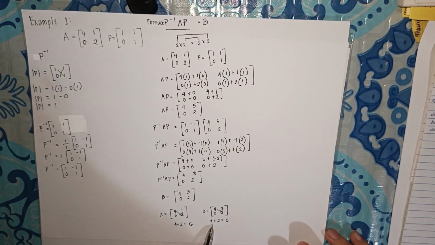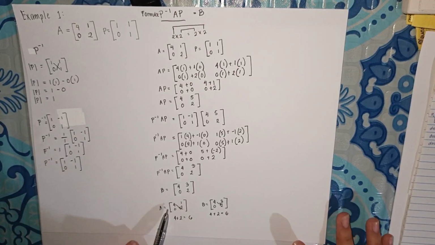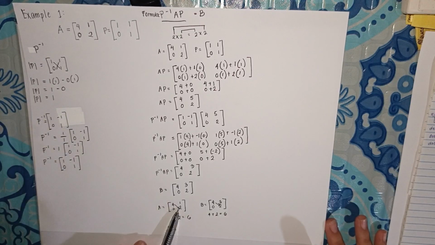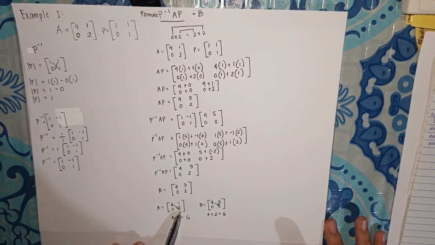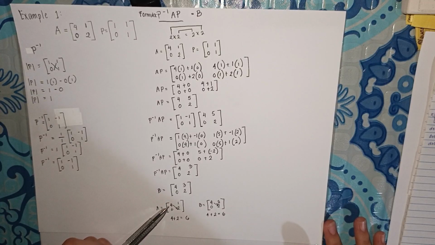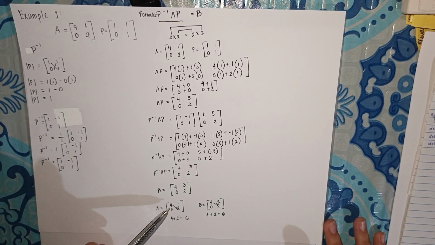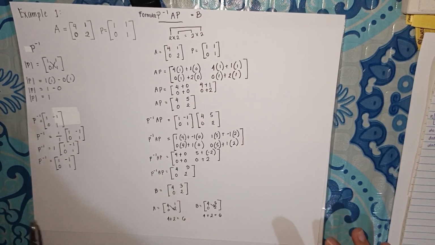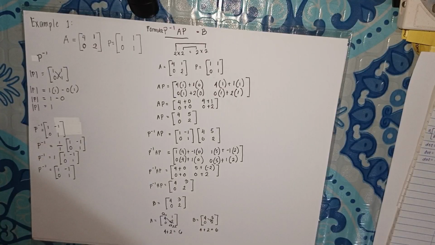So, they have the same diagonal sum. And this addition of the diagonal, which is A and D, is what we call the trace. So the trace is the sum of the diagonal, which is 4 and 2, the A and the D. They have the same trace.